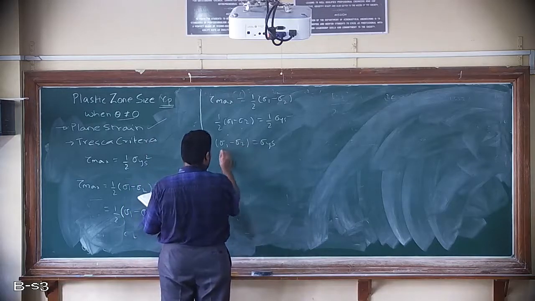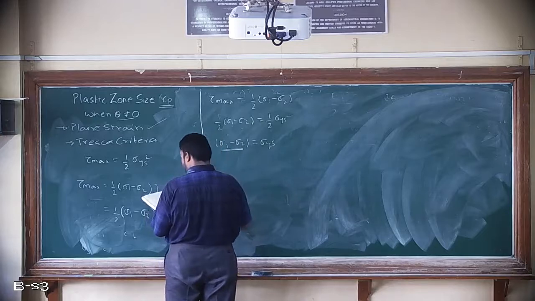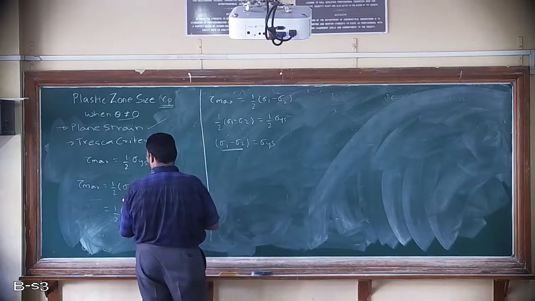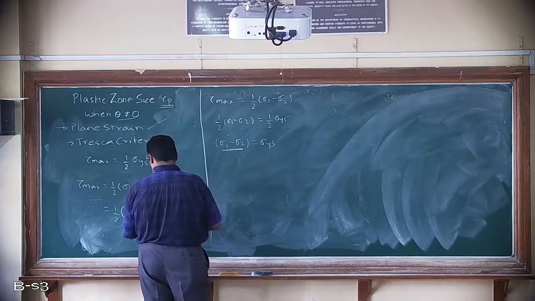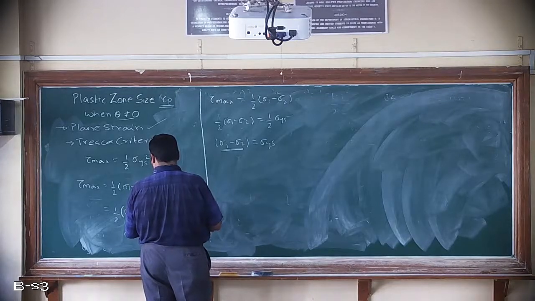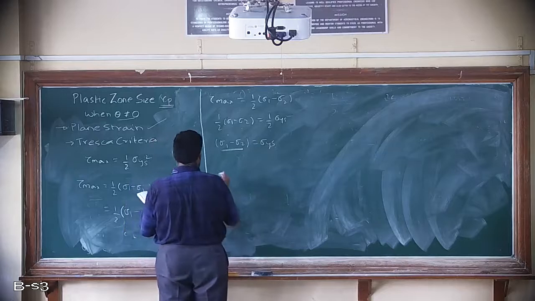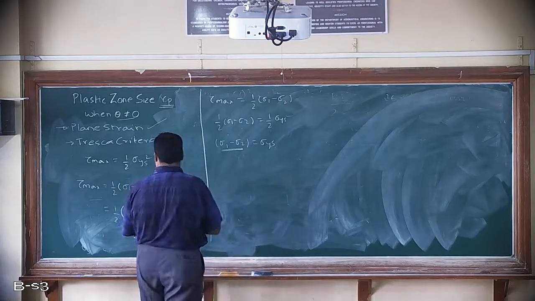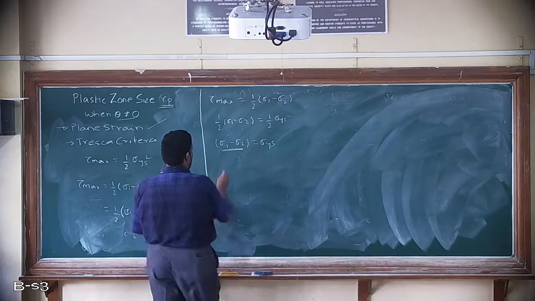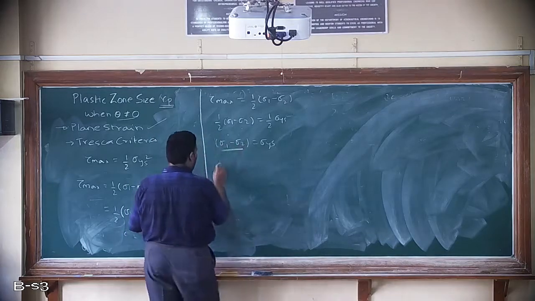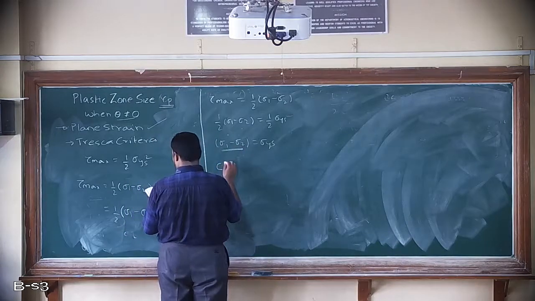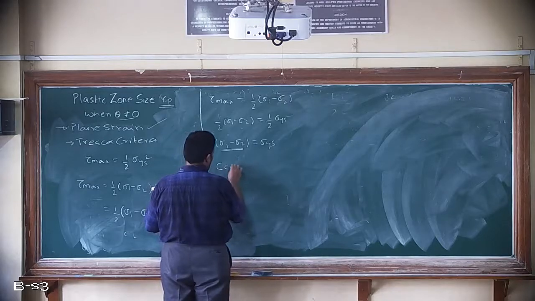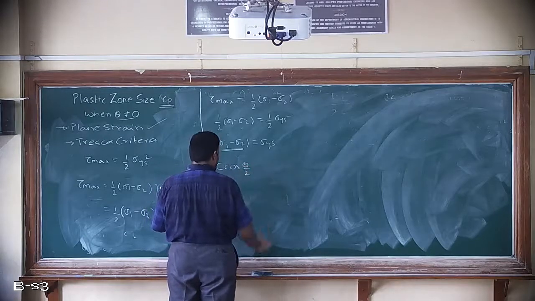And this sigma 1 minus sigma 2, if you simplify this, it will be c sin theta. That is, we shall try this simplifying. So for sigma 1 and sigma 2, we have the term c cos theta by 2 as common.